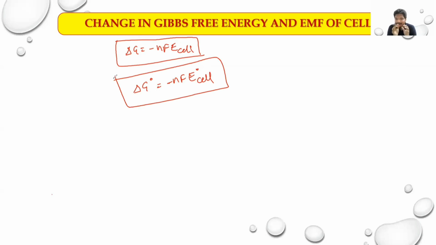Now what will be the relationship between this delta G, the change in free energy, and the E cell, the electrode potential of this cell?